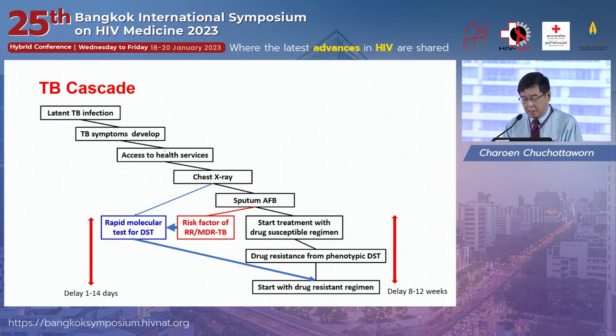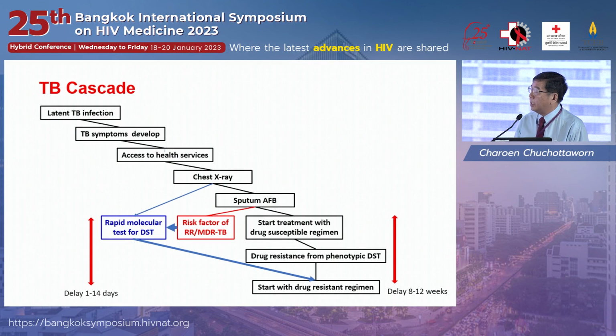Usually it takes a delay of 2 to 3 months to diagnose drug-resistant TB. In some remote areas, the delay went up to 4 to 6 months. So with the old concept of diagnosis of drug-resistant TB, especially MDR TB, there was a delay in the management.